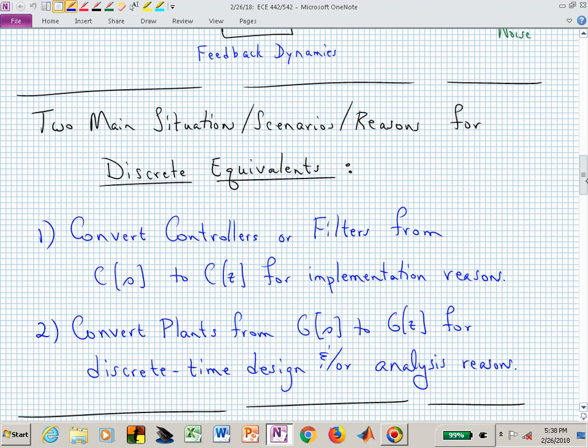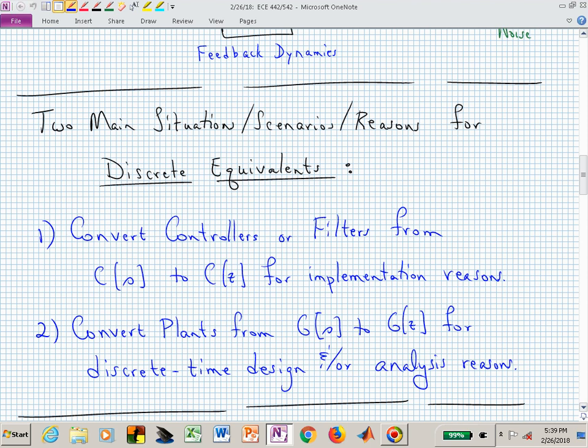What we want to do now is look at discrete equivalents, and I'm trying to suggest that there are two different scenarios, two different reasons for wanting to go from a continuous time representation into a discrete time representation. One is if you have a filter. Let's say that you have a low-pass filter from 320A, maybe it's your favorite fourth order Butterworth filter, and you now say, oh, I actually want to implement that with a computer.